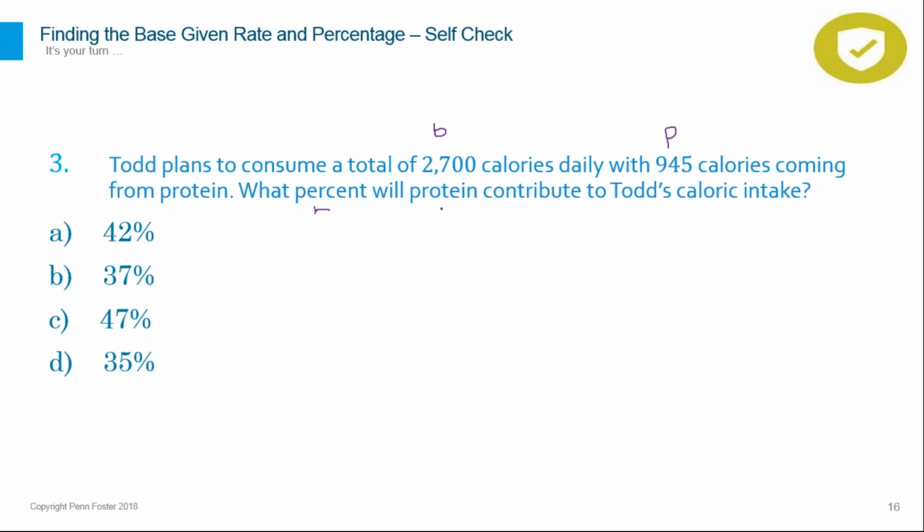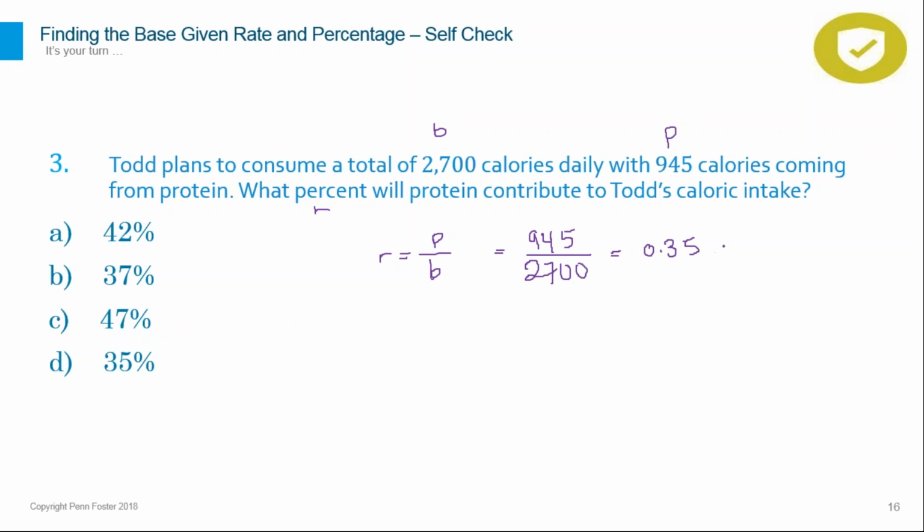So we're going to rewrite our formula, P over B. P is the 945 over the B, the base, the total number of calories, 2,700. Divide, and that will give you a decimal answer.